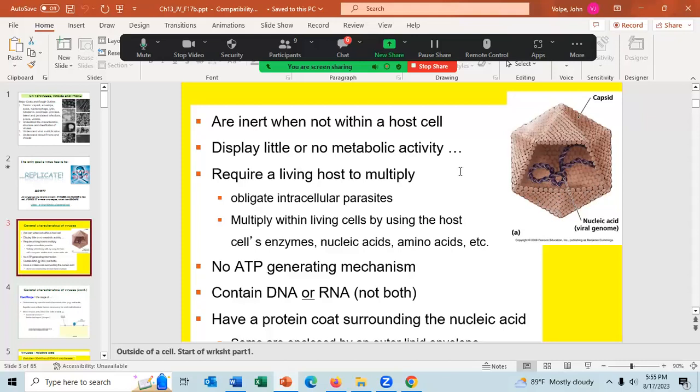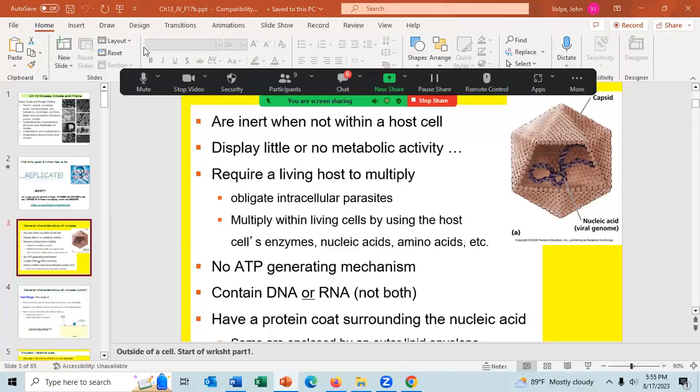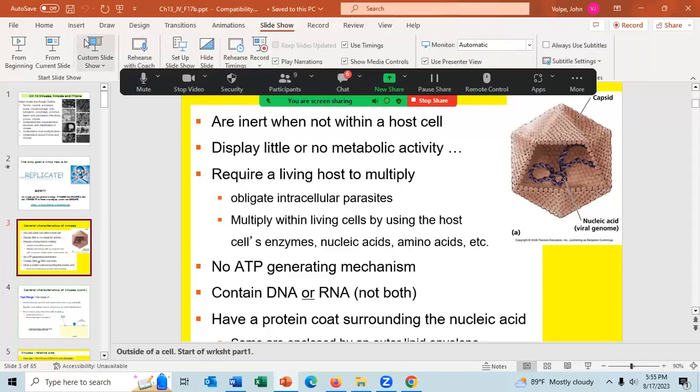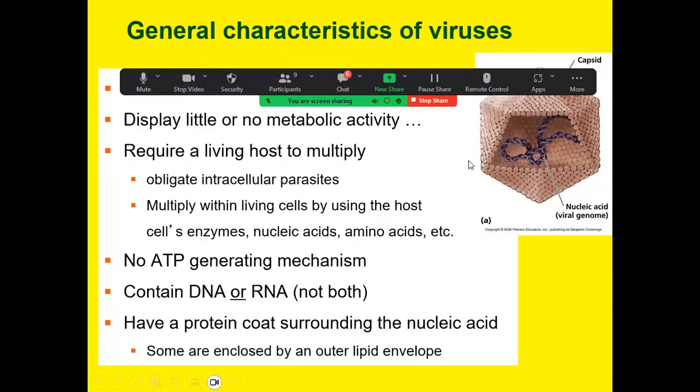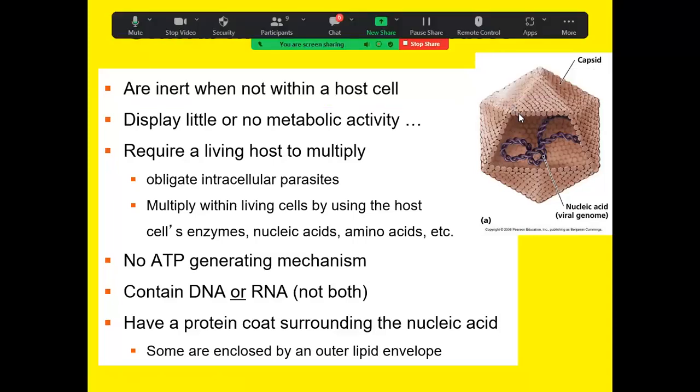This virus, let me blow that up a little more. Maybe I can do it from here. This virus is composed of one capsomere right there, which repeats there, and all of these.